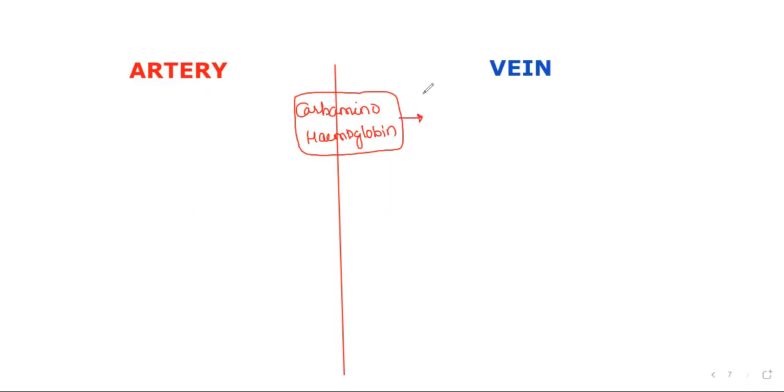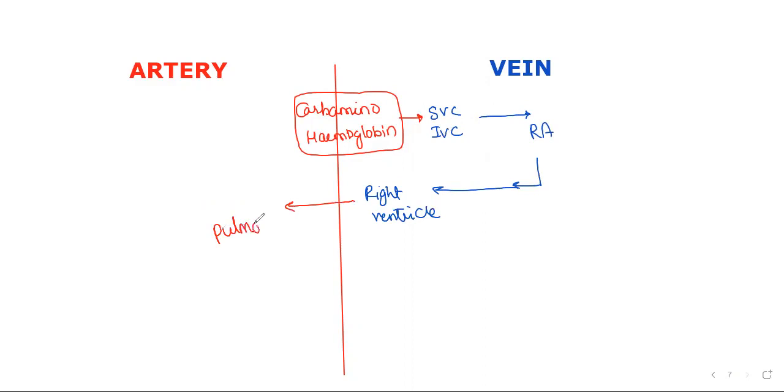That means we have to start somewhere else, isn't it, Anand? Who will connect? Superior vena cava, inferior vena cava. Okay. Then after that goes to the right atrium. Then after that goes to the right ventricle. Then after, yeah, pulmonary aorta. That means here in aorta cases, we have to say here pulmonary aorta.